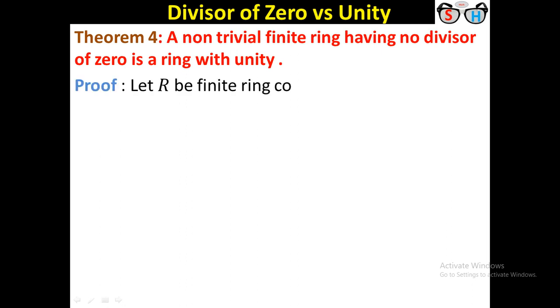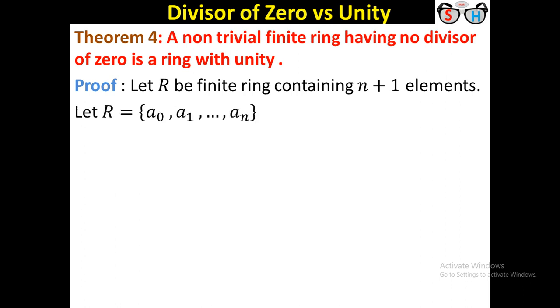Suppose R is a finite ring containing n plus 1 elements. Suppose R equals a0, a1, dot dot, an, where a0 is the 0 element. Instead of n plus 1 elements, you can take R as a finite ring containing n elements. However, I take n plus 1 elements because I want to say that this is the 0 element and the remaining n elements a1, a2, dot dot, an are non-zero.